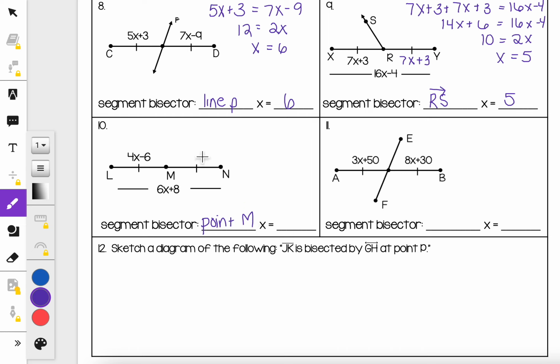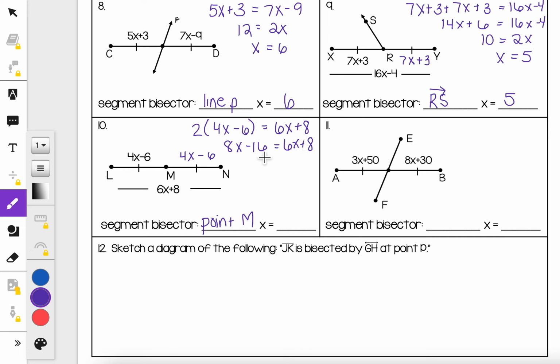Another way that we could do this, if we wanted to solve for x here: I know that if LM is 4x minus 6, then MN is 4x minus 6. If I didn't want to write that out twice, I could just do 2 times 4x minus 6 equals 6x plus 8, and it's really the same thing.